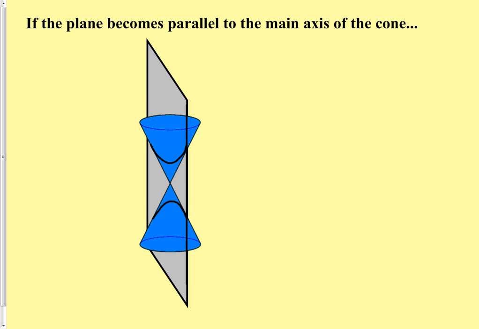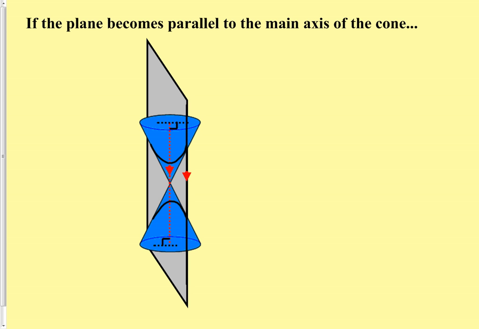Sometimes it's hard to get three-dimensional representations to look right on a two-dimensional surface, such as a screen or a piece of paper, but hopefully I'll get the idea through to you. We have a plane that's passing through, and it's going to be parallel to the main axis. There's the main axis inside of our double napped cone, and there are our parallel markers so that we can see that yes, it is parallel.